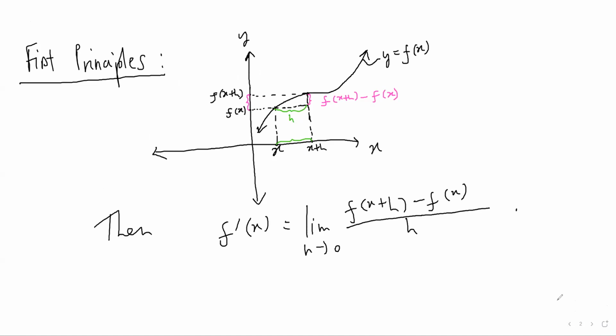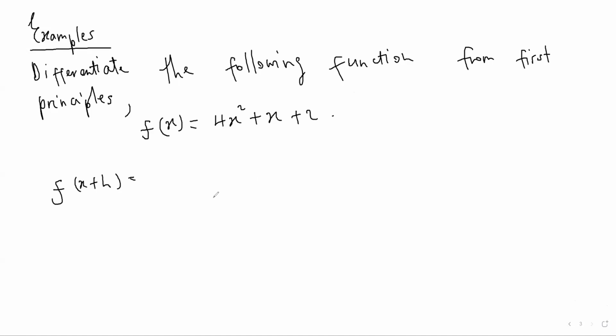So what is f of x plus h? Let's go calculate it for this function. It's simple. All we have to do is substitute this x plus h into the given function. We've got 4 multiplied by x plus h squared. So we just replace x with x plus h in our function.